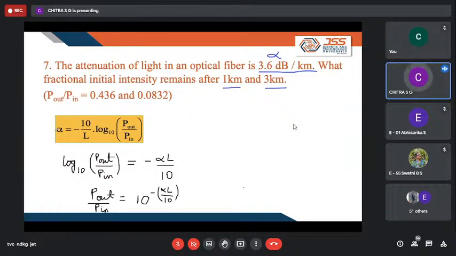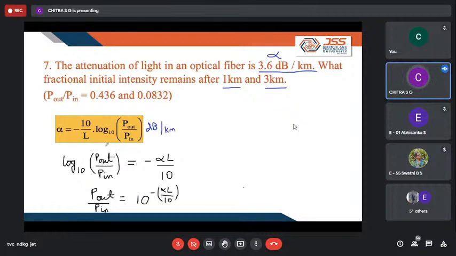So you have to use an equation. Alpha is given by minus of 10 by L log to base 10 P out by P in. This is the expression, in decibel per kilometer. Now we have to rearrange this equation for P out by P in.